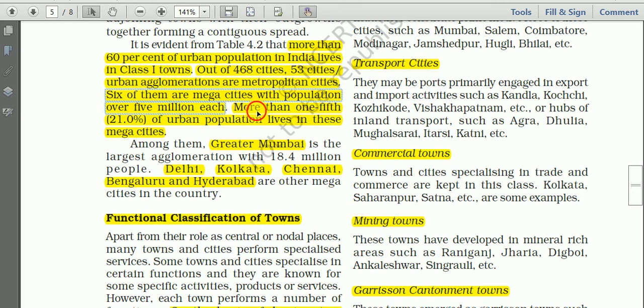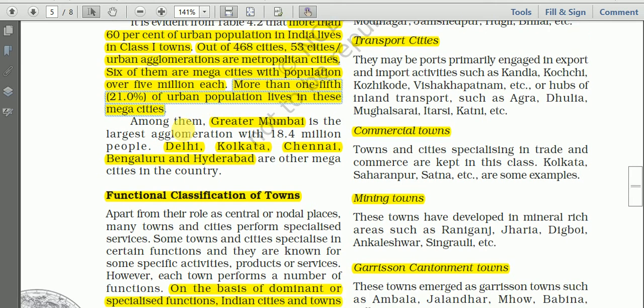And more than 1/5, that is 21% of the total urban population in India, lives in mega cities. Remember, we have 6 mega cities in India.